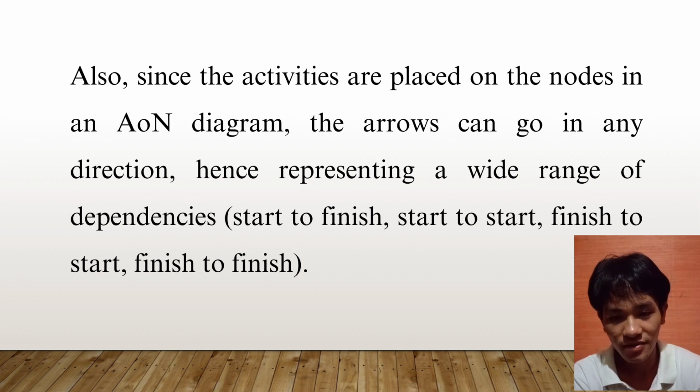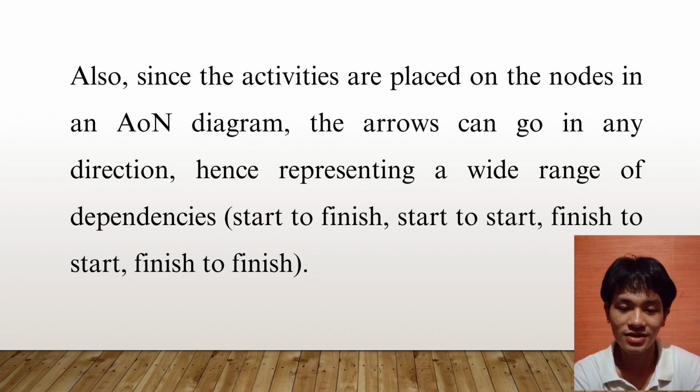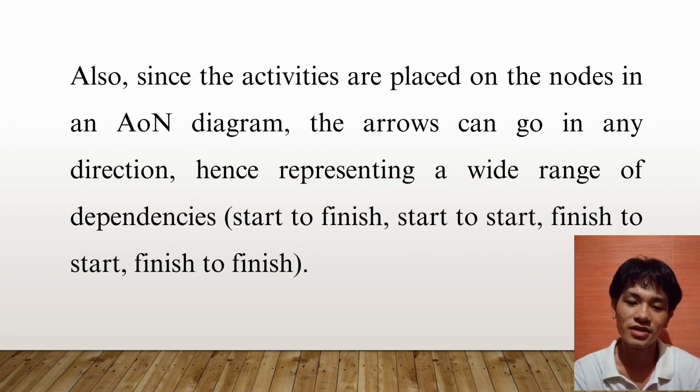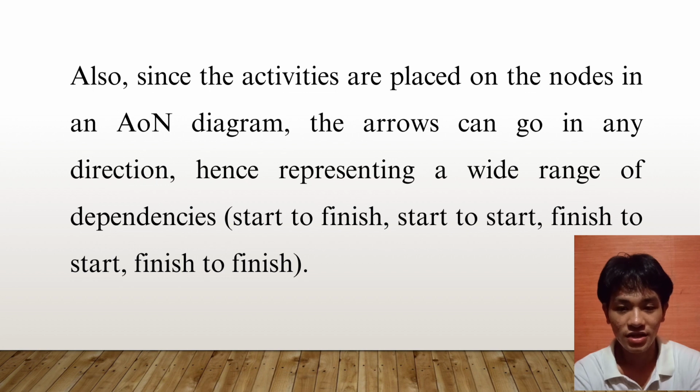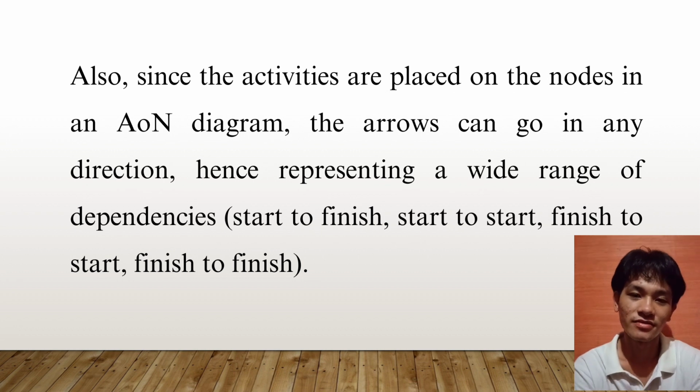AON diagrams are used for various analysis purposes, including determining the earliest start and finish times for each activity, identifying the critical path, calculating total project duration, and assessing the impact of scheduling changes on the project timeline.